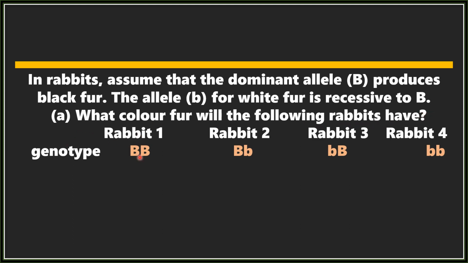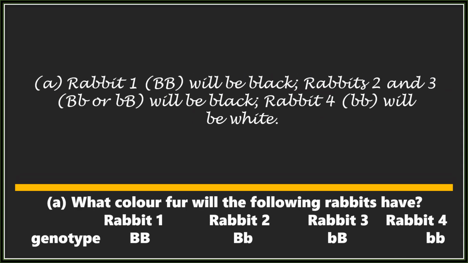Rabbit 1, capital B, capital B; rabbit 2, capital B, small b; rabbit 3, small b, capital B; rabbit 4, small b, small b. Rabbit 1, capital B, capital B, will be black. Rabbits 2 and 3, capital B, small b, will be black. Rabbit 4, small b, small b, will be white.